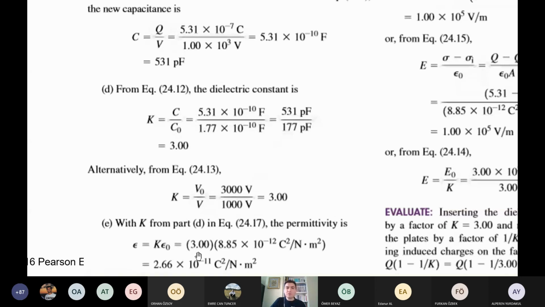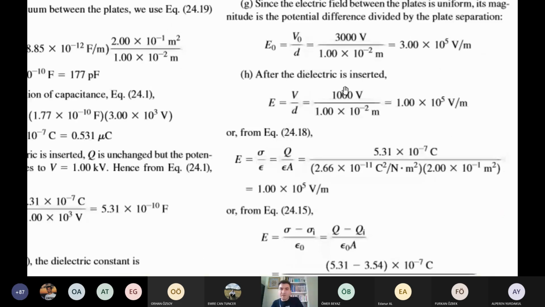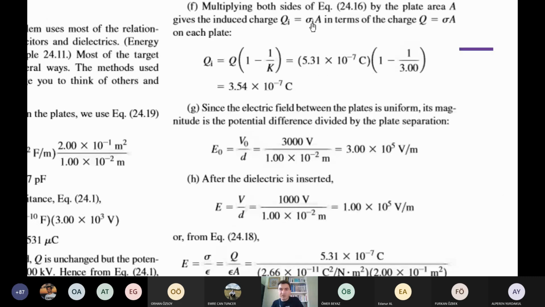And what about the induced charge on the plates? Induced charge can be calculated by sigma I times A. How to get this relation? Remember the sigma. What was sigma? Sigma is surface charge density. It is given with Q over A, okay?